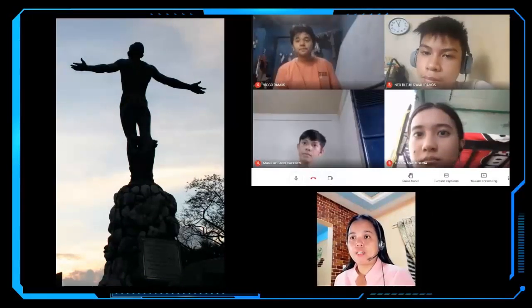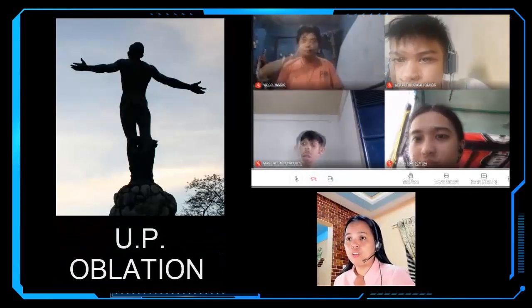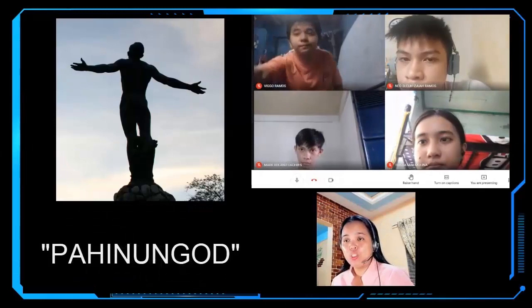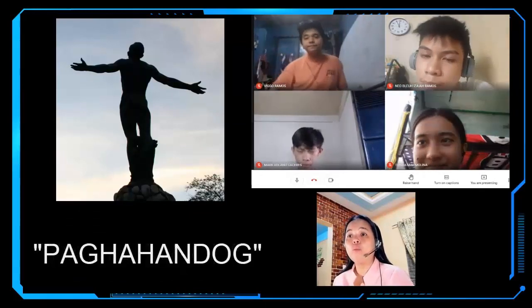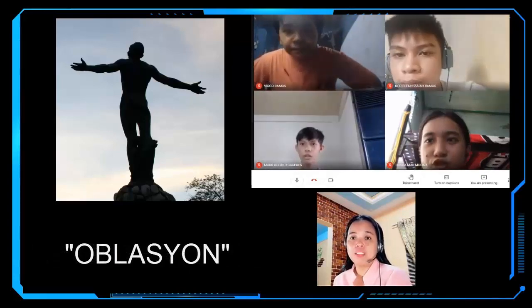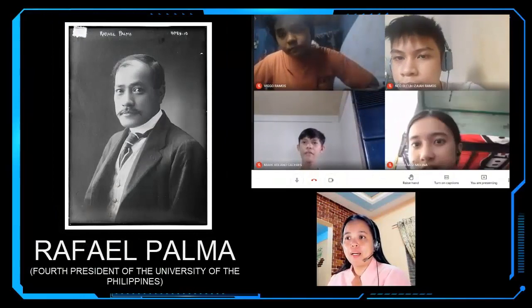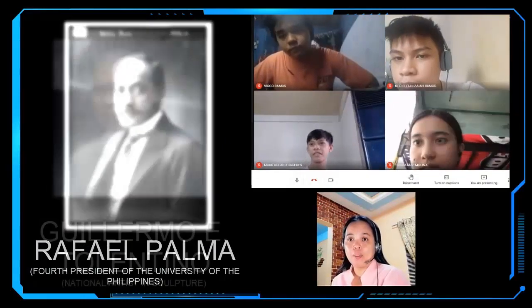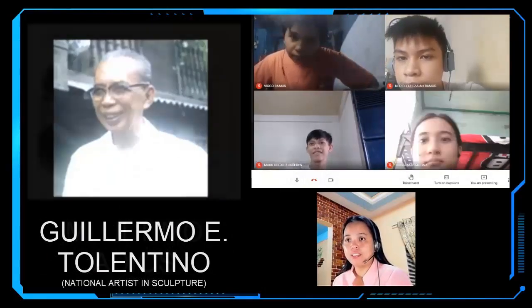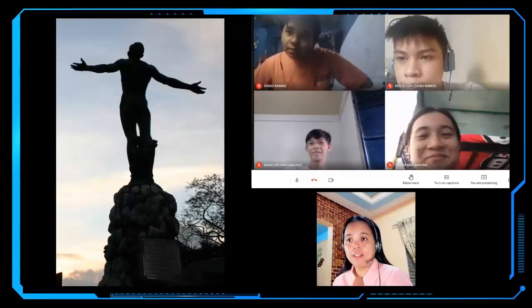Giving you a brief background of this statue, undoubtedly the most famous icon of UP, the oblation, pahinungod or paghahandog or oblation in Filipino, was first conceived during the presidency of Rafael Palma. President Palma commissioned national artist Guillermo Tolentino to translate the second stanza of Jose Rizal's Mi Ultimo Adios into a UP monument.